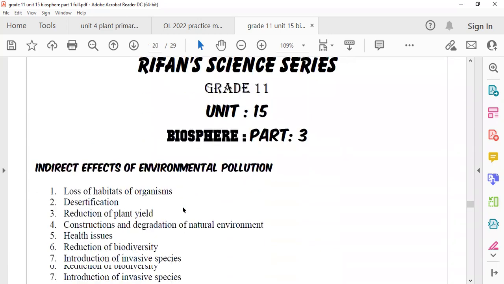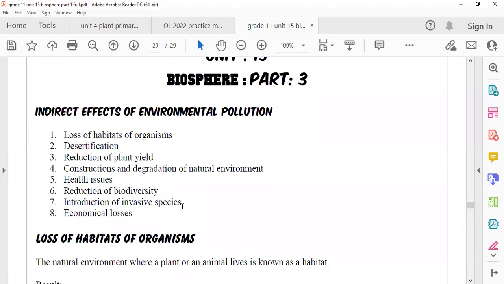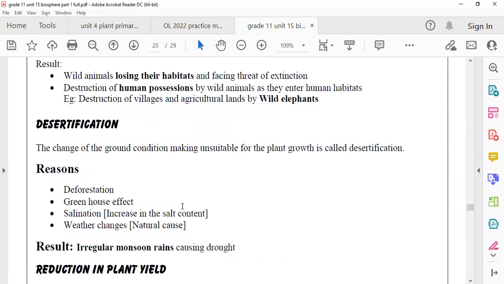Followingly, indirect effects of environmental pollution. In the case of indirect effects, you are given a list here, my children: loss of habitats of organisms, desertification, reduction of plant yield, destruction and degradation of the natural environment, health issues, reduction of biodiversity, introduction of invasive species, and economical losses.